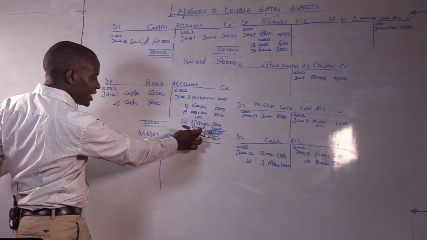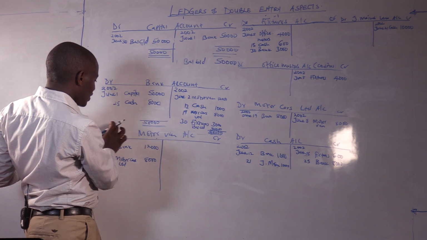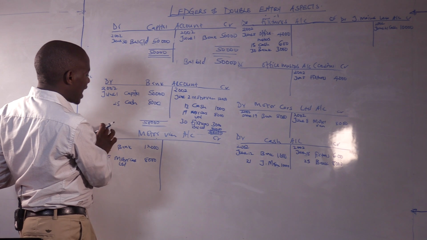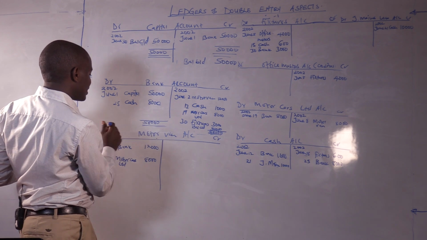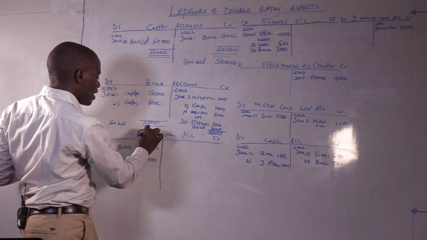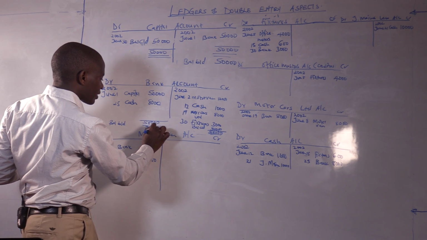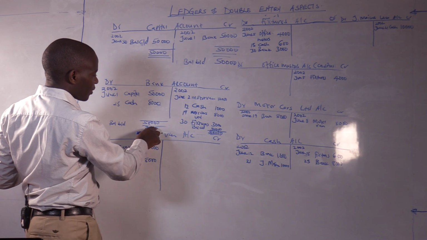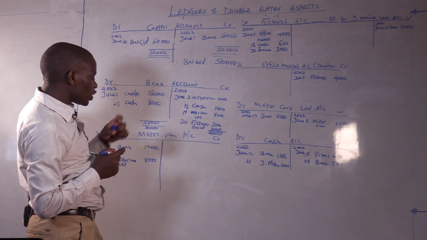So we had the balance carried down of 34,000. We shall have to bring it down on this particular side. So we shall have balance brought down of how much? 34,000 there.